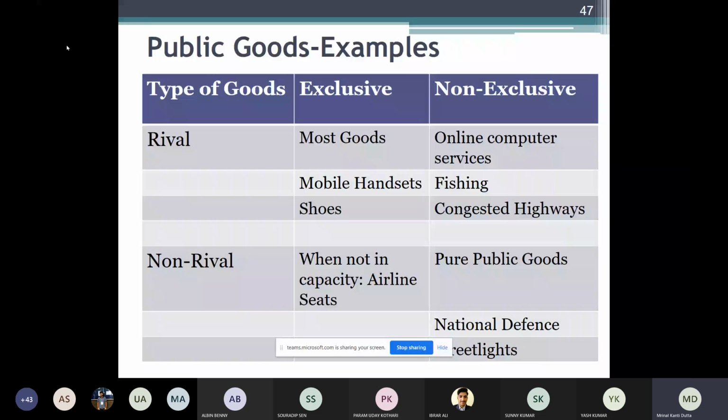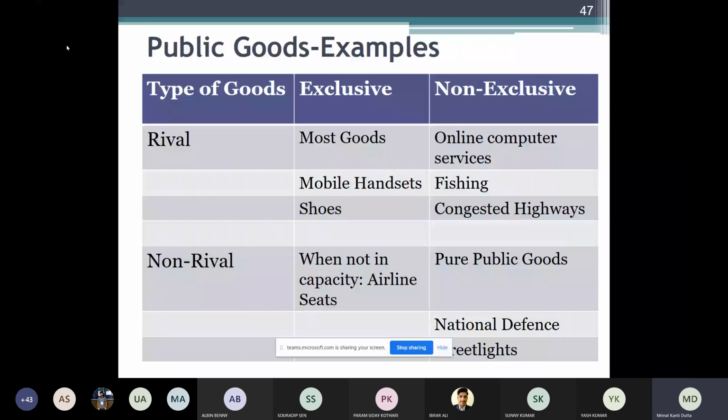In the case of online computer services, what happens if the number of users of a particular computer service goes beyond a particular limit? The speed of the service might go down. So the amount available to anybody or everybody might be different. In this sense, we can say that these will be non-exclusive, but at the same time, they might be rival.